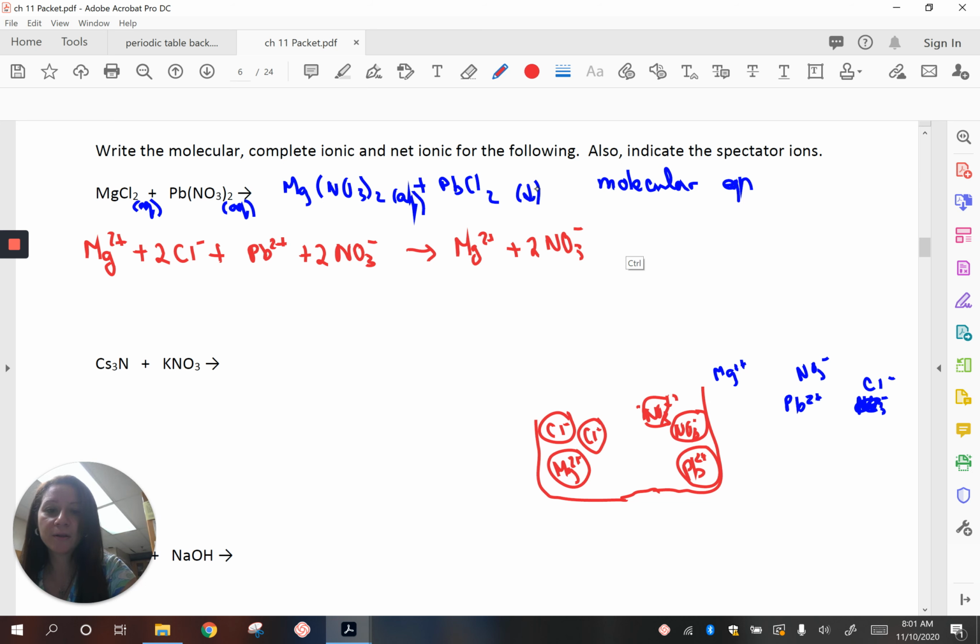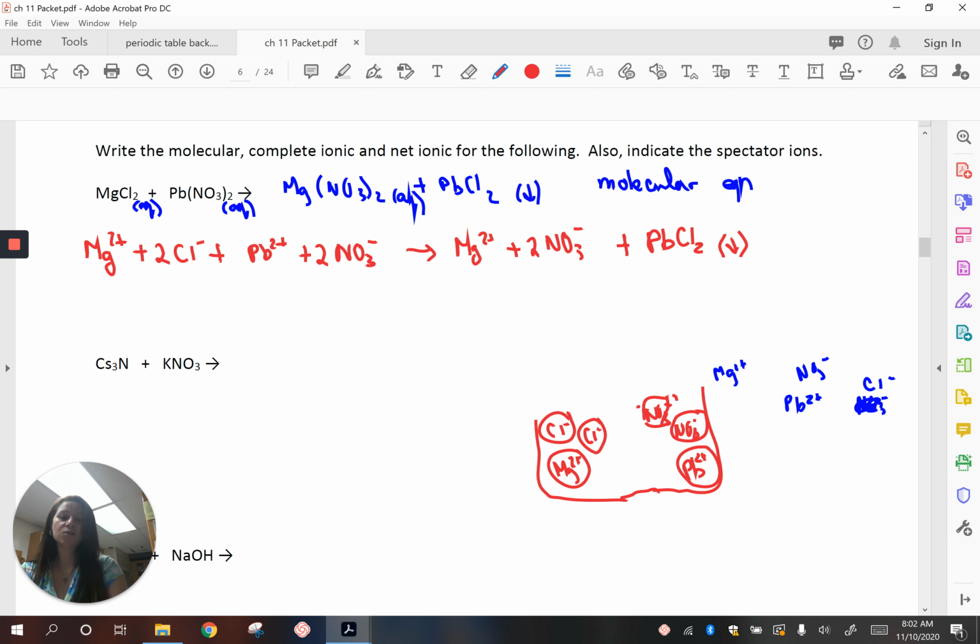And so when you have something that is insoluble, you write it down as is. You do not dissociate your ions. So what's going to happen here is I'm going to form PbCl2 as a solid.